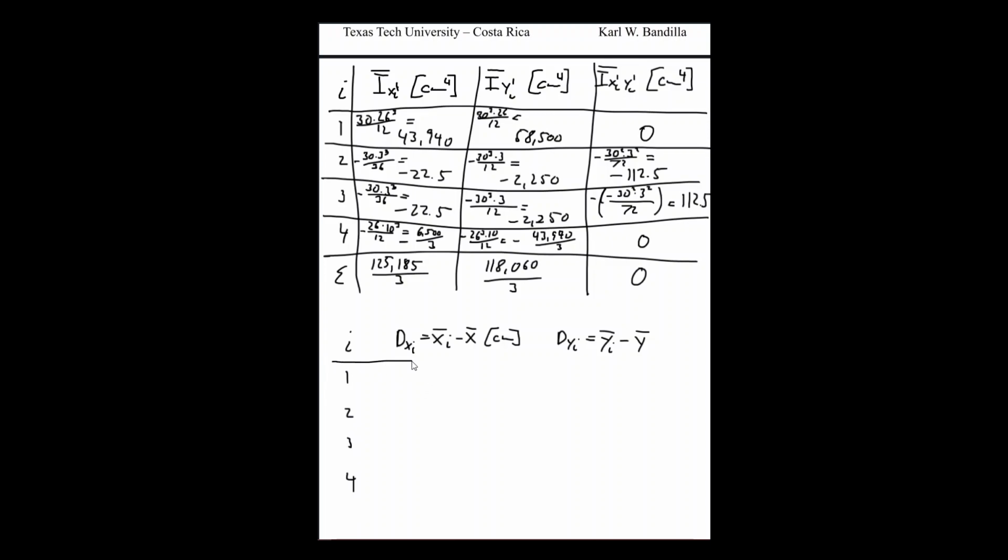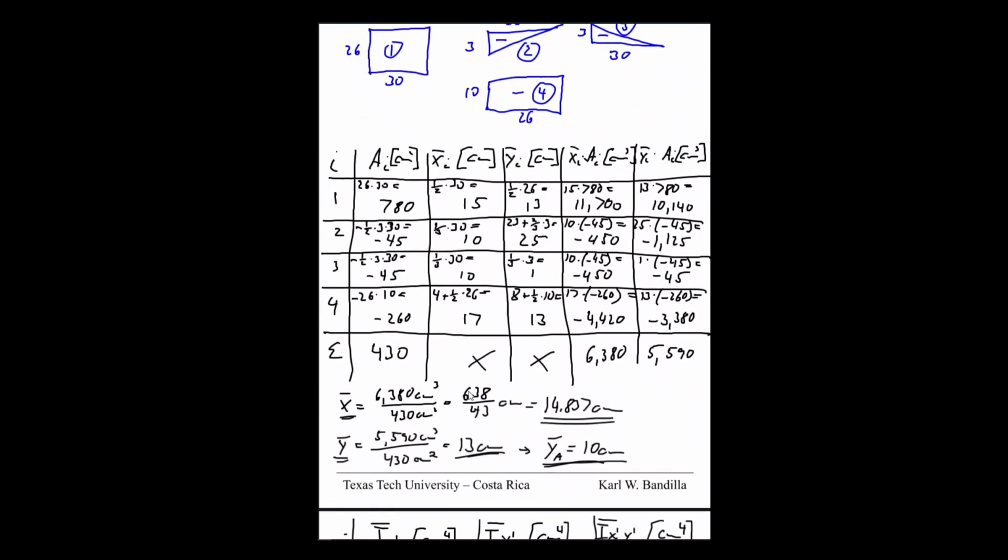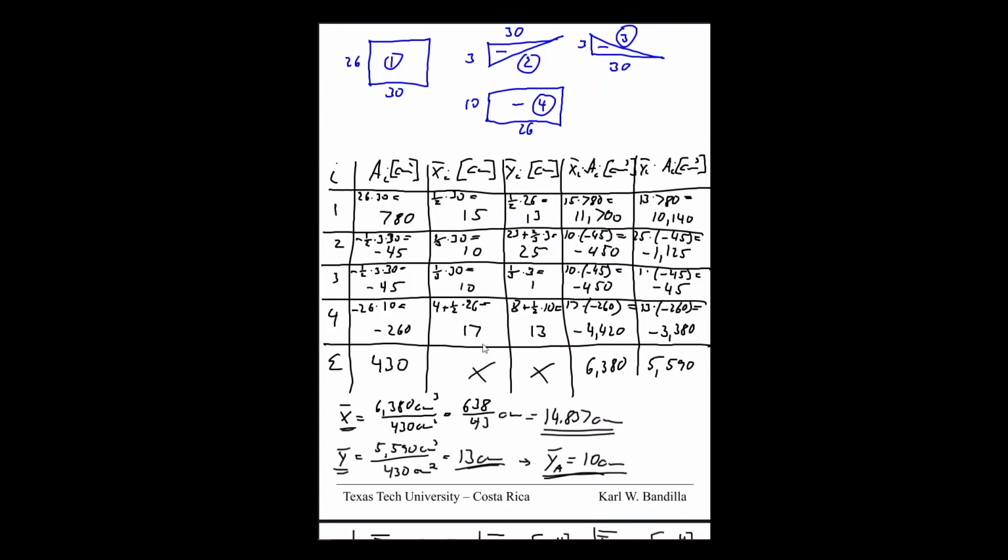No sums here. Lots of space. All right, my xi from up here, 15, 10, 10, 17. Minus, this is the x bar, the weird looking one, 638 over 43.